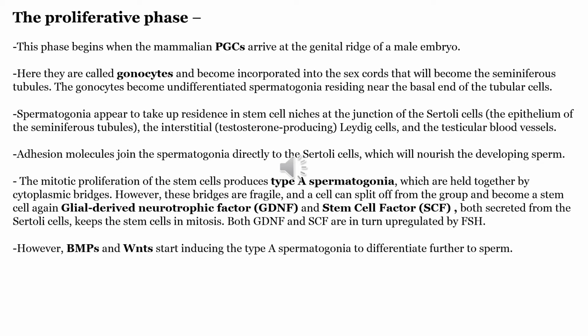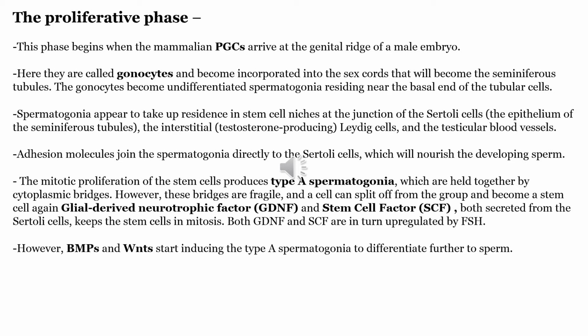Now the spermatogonia formed initially are type A spermatogonia, and type A spermatogonia will then divide mitotically to form type B spermatogonia. But whether type A will give rise to type B or renew itself will depend upon the factors present.